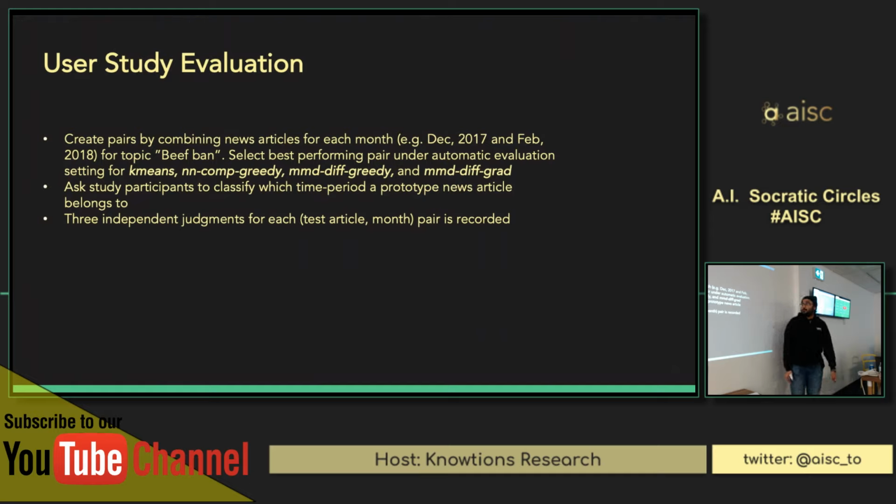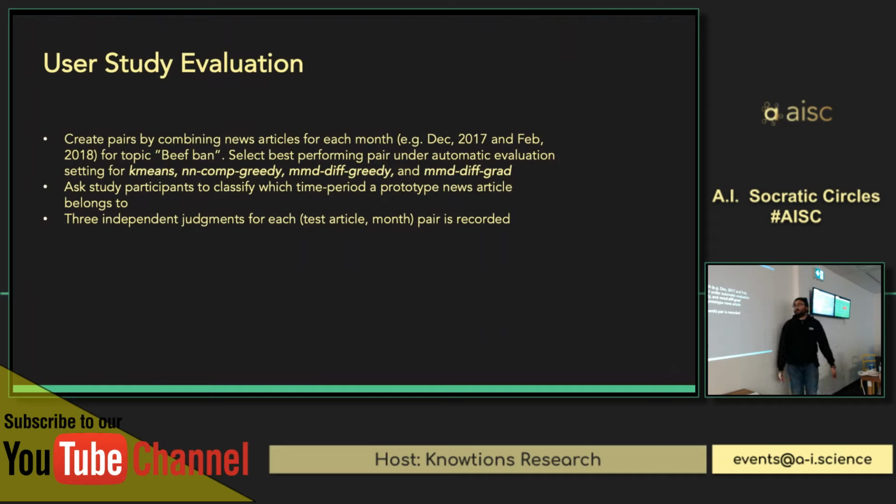And based on the results, they selected the top 10 best performing pairs for each of the 4 different methods that we are comparing, which are k-means, nearest neighbor greedy, MMD diff greedy, and MMD diff grad.